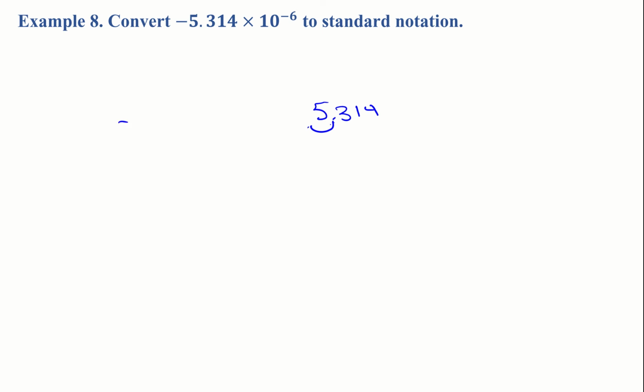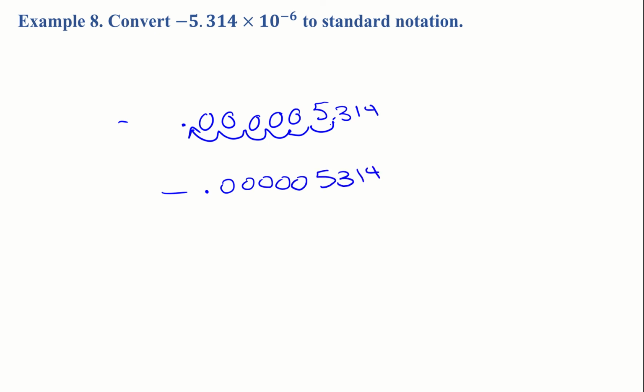So we're going to just go 2, 3, 4, 5, 6, like that. And we're going to move the decimal that many places, and we're going to put zeros after we run out of digits. So now we have our number, negative point, notice 5 zeros, and then 5, 3, 1, 4.